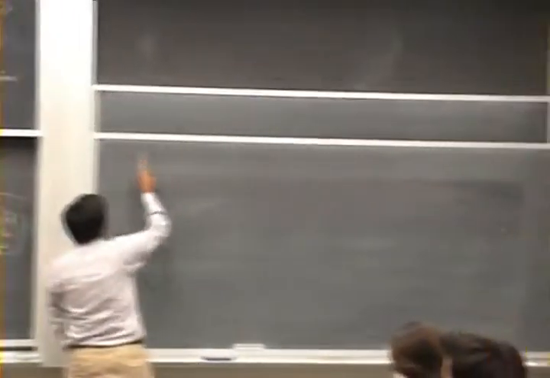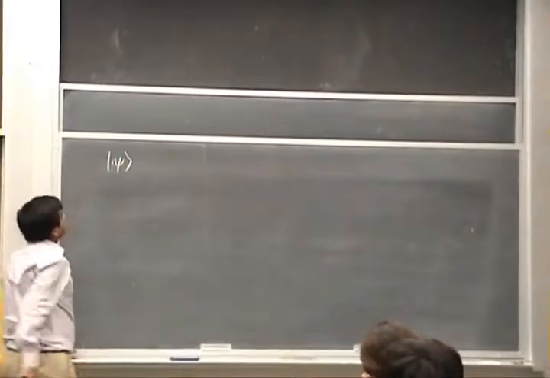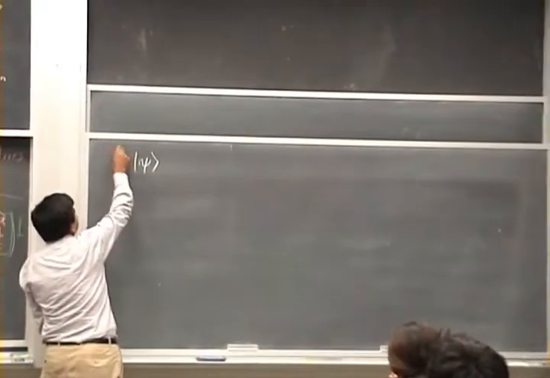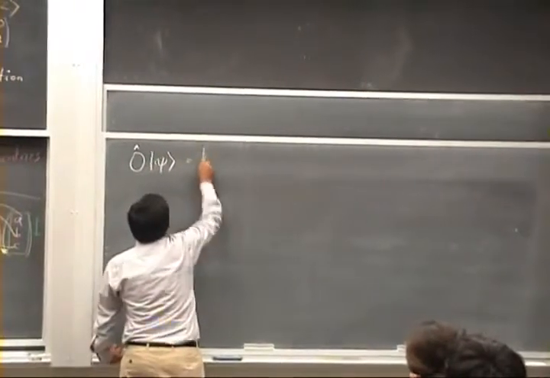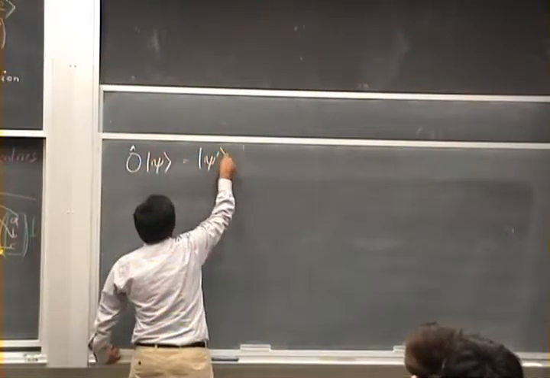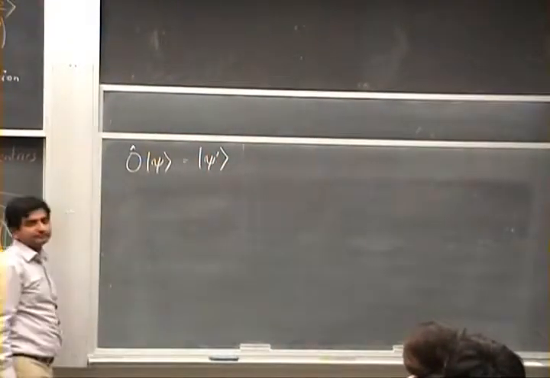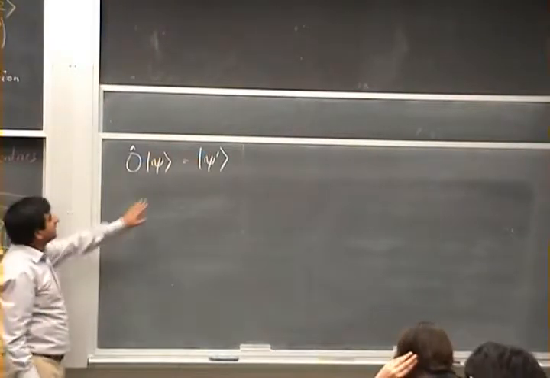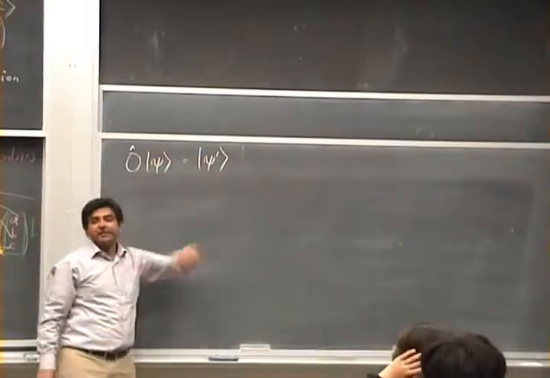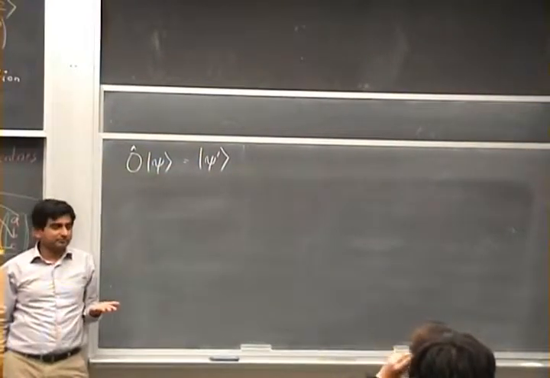Suppose I have a quantum state psi. It is acted on by an operator O. I get a new quantum state, psi dash. Now I would like to write this initial state and the final state in the same representation.